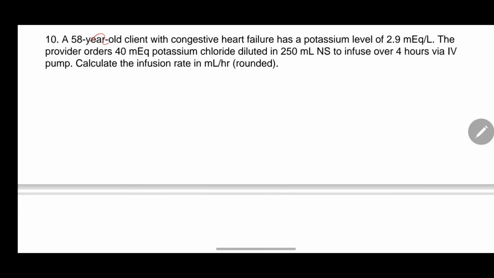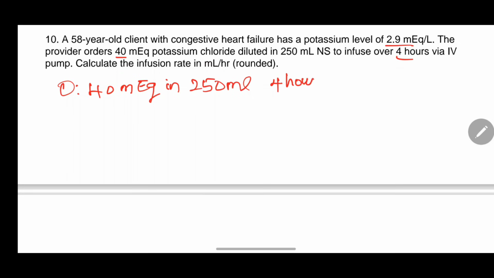Okay. A 58-year-old client, congestive heart failure, has potassium level 2.9. The provider orders 40 milliequivalent potassium chloride diluted in 250 ml NS to infuse over 4 hours. Calculate the infusion rate in ml per hour.